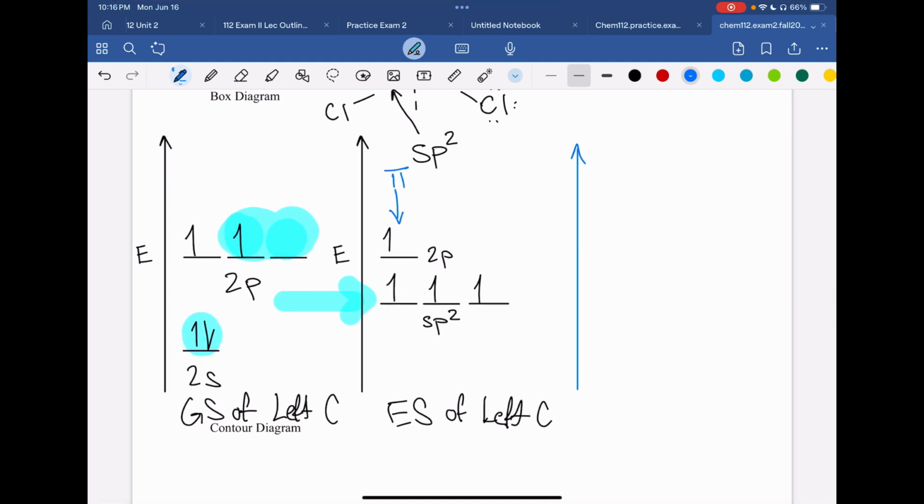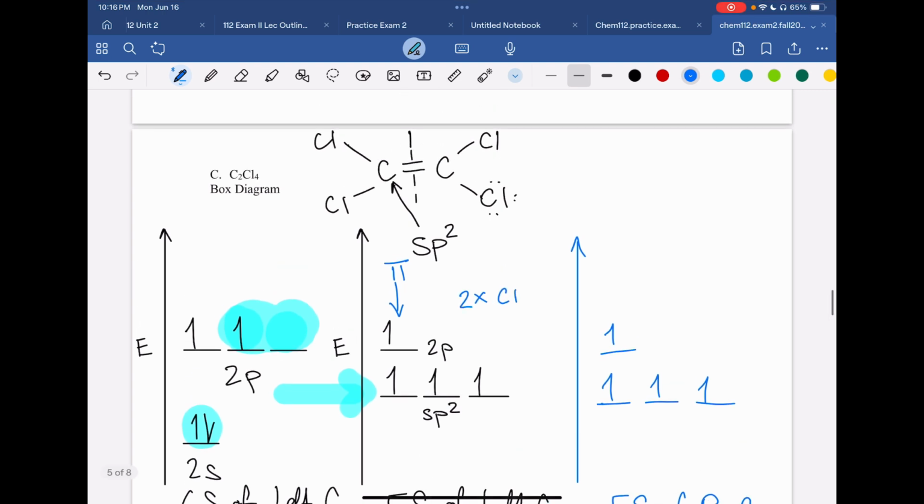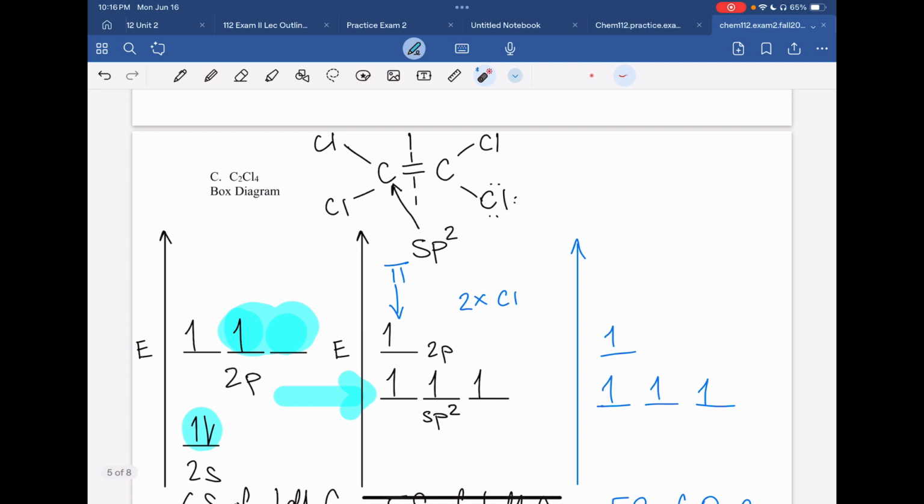I'm just going to skip to the excited state of the right carbon. Same thing, it already gets excited. Pi bond, 1, 2, 3. So if you have 2 times the chlorines, cut it in half, 2 chlorines.